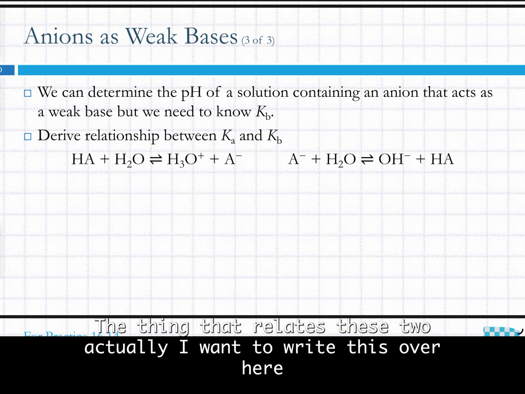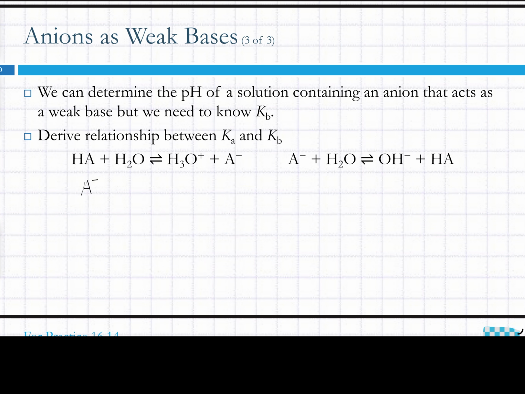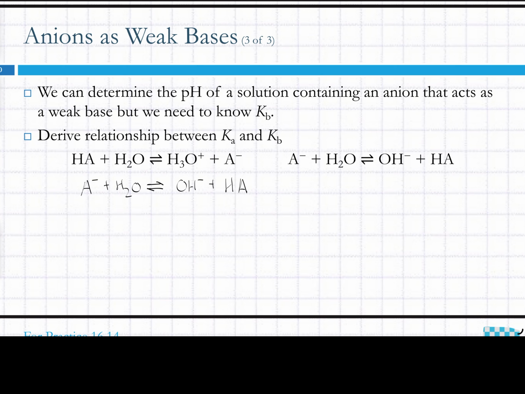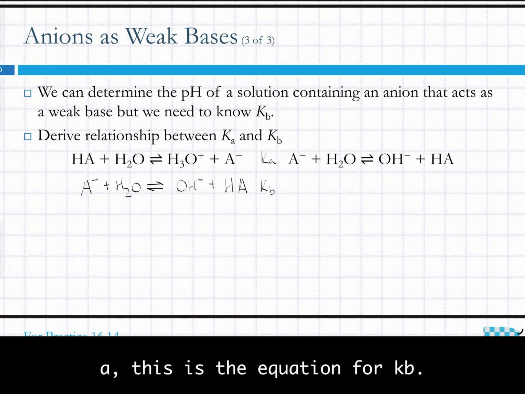The thing that relates these two, actually I want to write this over here. A minus plus H2O. So I just rewrote those over each other. So if this is the equation for Ka, this is the equation for Kb.